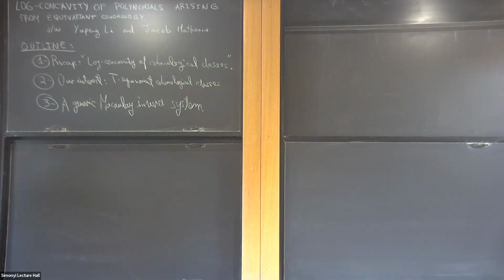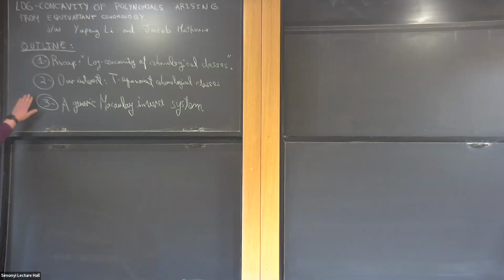My talk will be divided in three parts. In the first part, I will do a recap on this behavior of log-concavity of cohomological classes. My main interest is if you have a subvariety inside a product of projective spaces, and I will basically be presenting works of people from this audience, more or less.